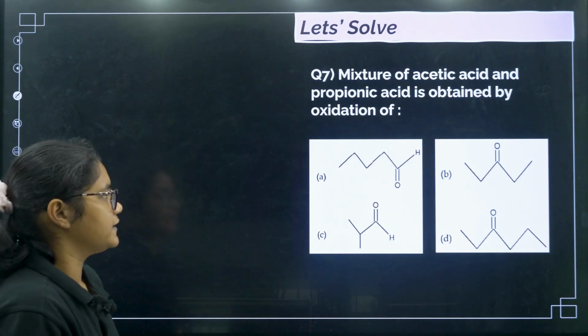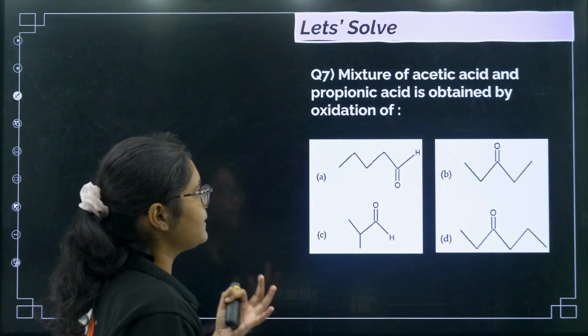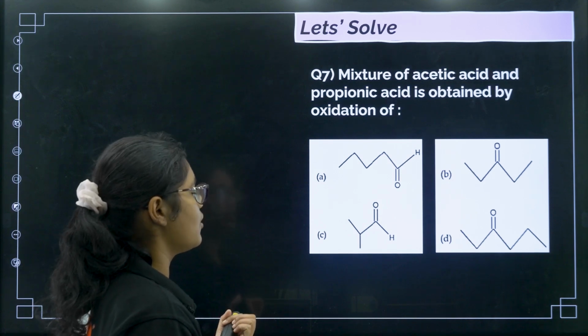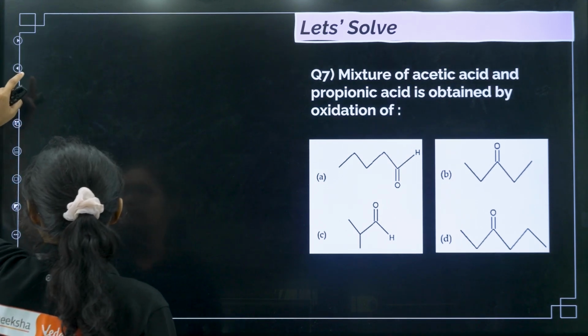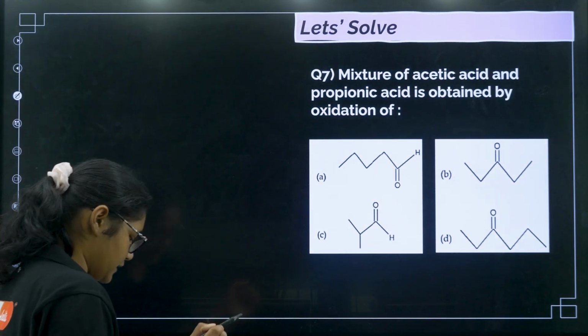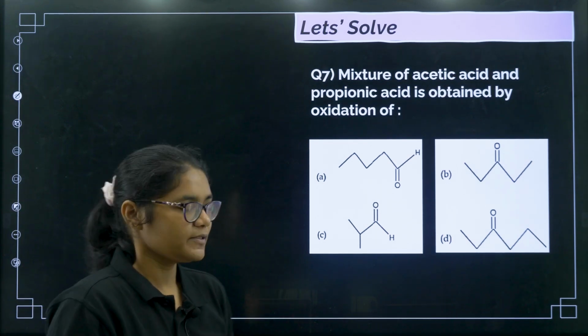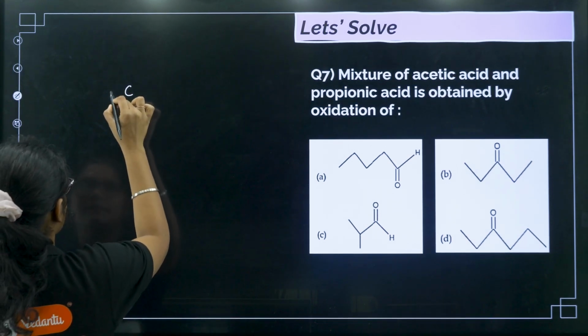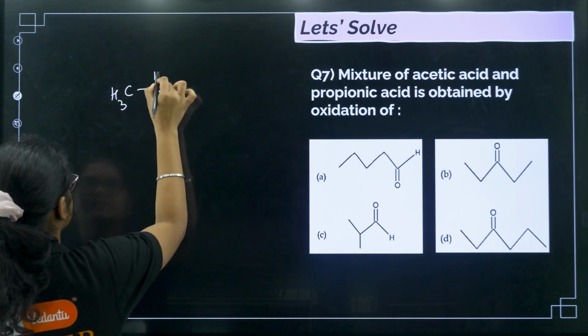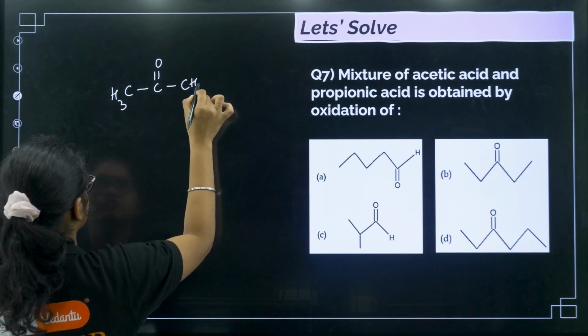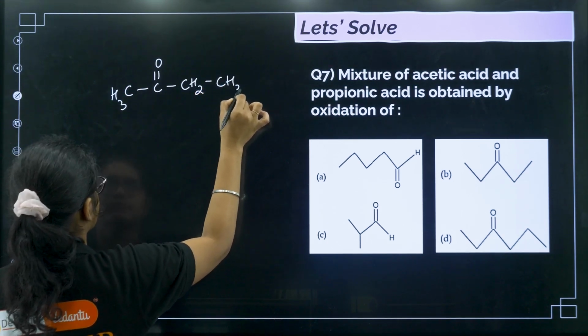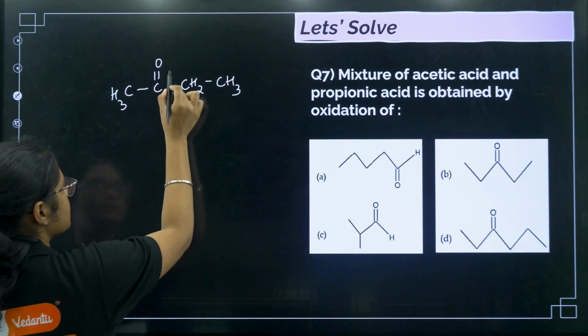Okay. Next, a mixture of acetic acid and propanoic acid is obtained by the oxidation of. Now, if you remember, we studied in the last class how ketones get oxidized. If you have a ketone like this, for example CH3, CO, CH2 and CH3, there are 2 chances that the bond can break.